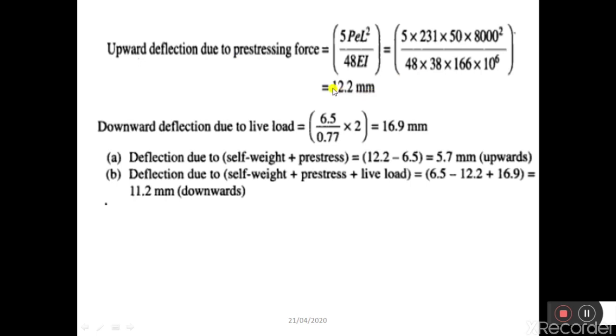We can also write minus 12.2 millimeter because it is an upward deflection. Here I have written plus 12.2 because I mentioned upward deflection due to pre-stressing force. If I am not using the term upward, then I should use a negative sign here.